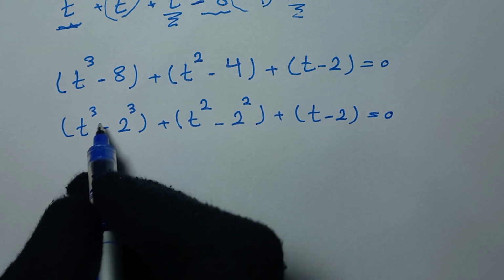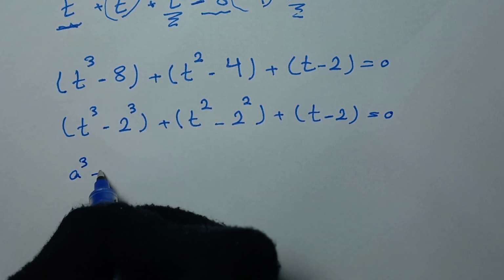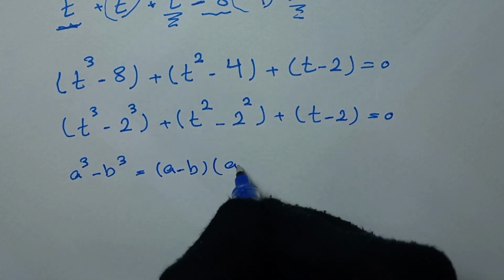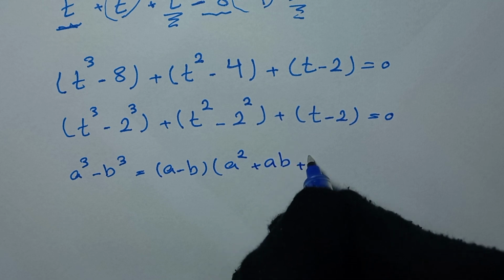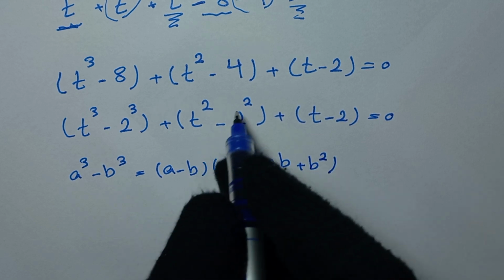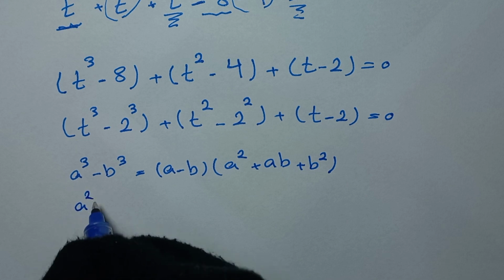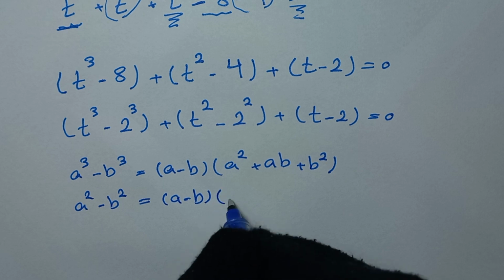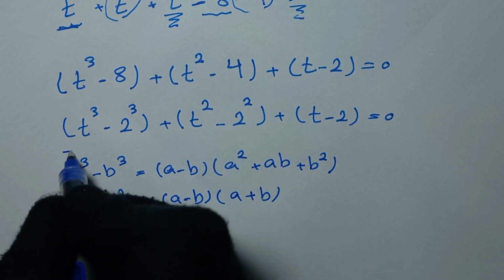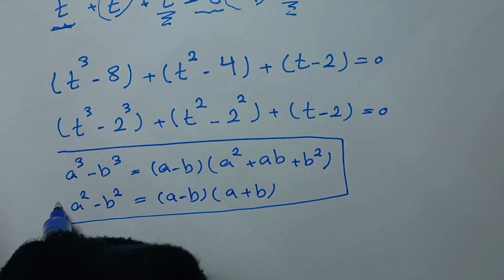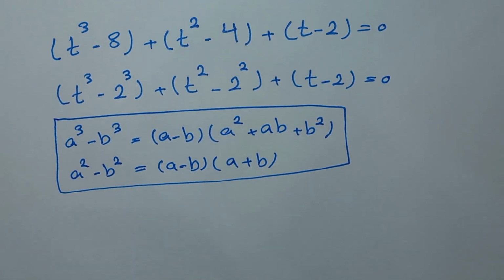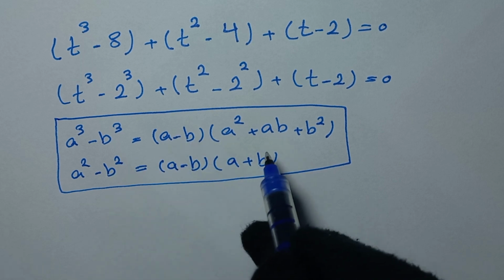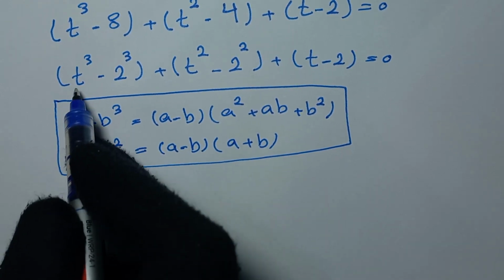And in the next step, this is in the form of a cube minus b cube, and it will be a minus b times a square plus ab plus b square, and this is in the form of a square minus b square, and it will be a minus b times a plus b. So, in the next step, write this and this in this form. From this formula, we write in this form, and it will be t cube minus 2 cube.